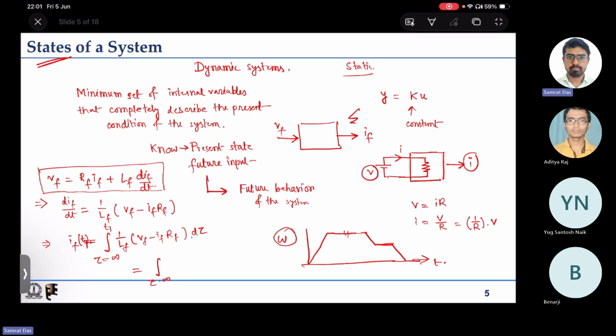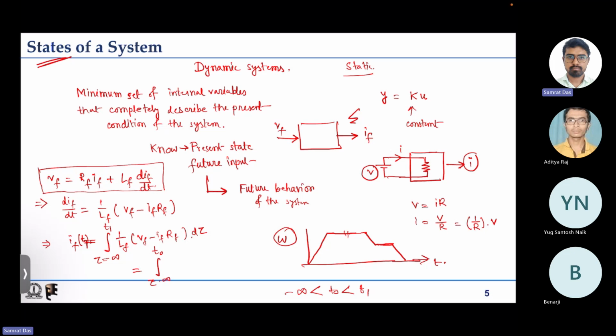Tau equal to minus infinity to any known instant, say t0, such that t0 lies between minus infinity, that is eternity back, during the time of creation, and t1, the present instant, the instant with which we are interested in.